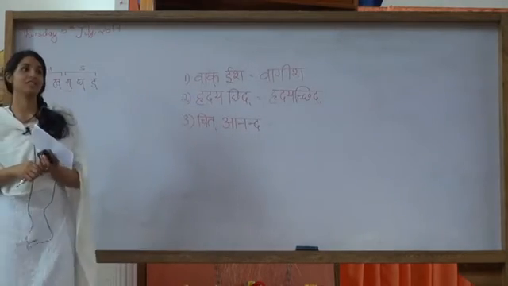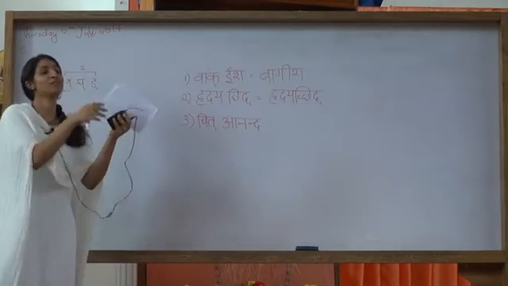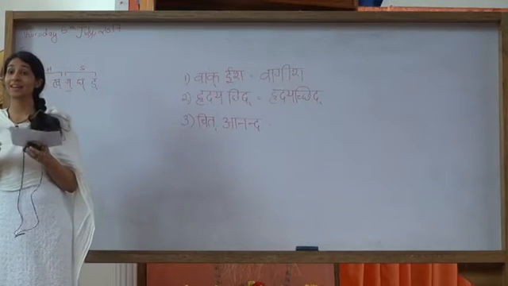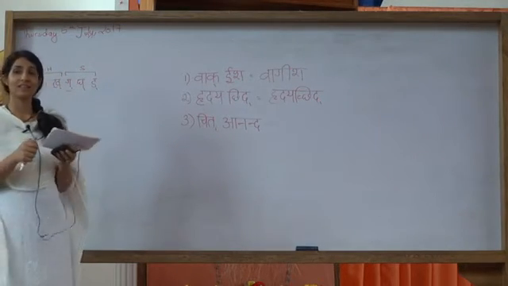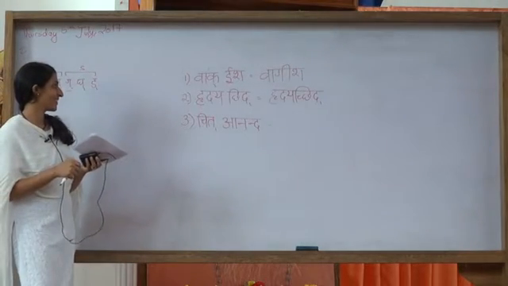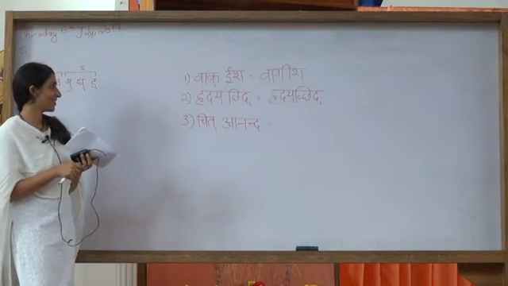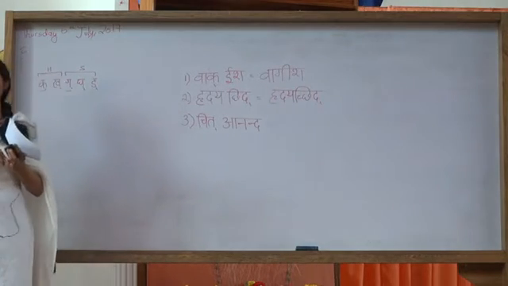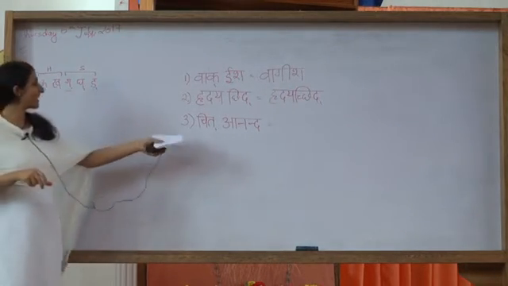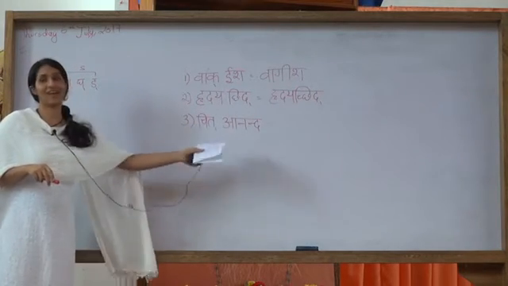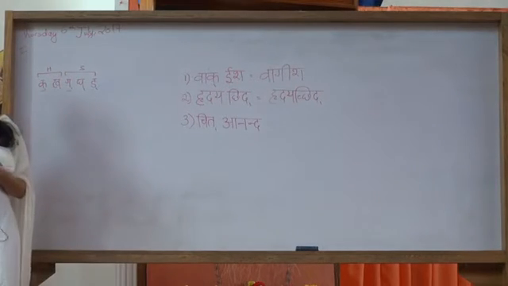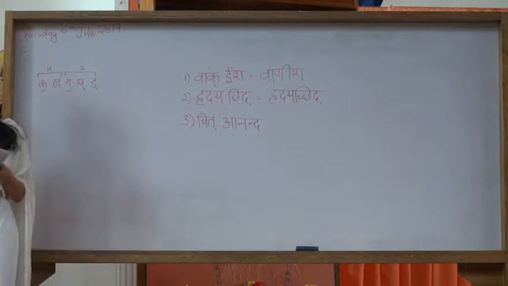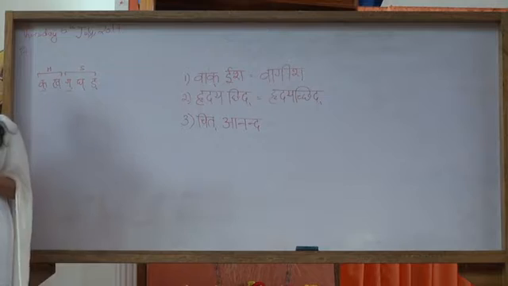If you weren't here, it's basically, you have to just apply rules and then you get the answer. I'll tell you. This one, Chit Ananda. Even if you don't know the rules, this one you'll know. This one is Chidananda.